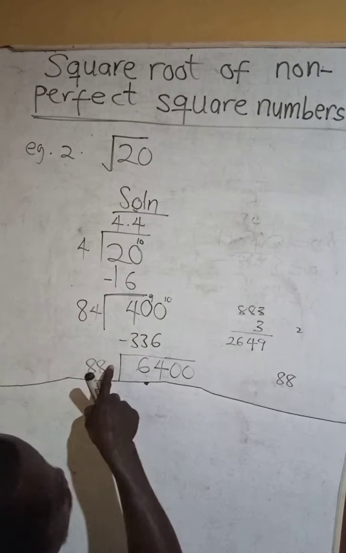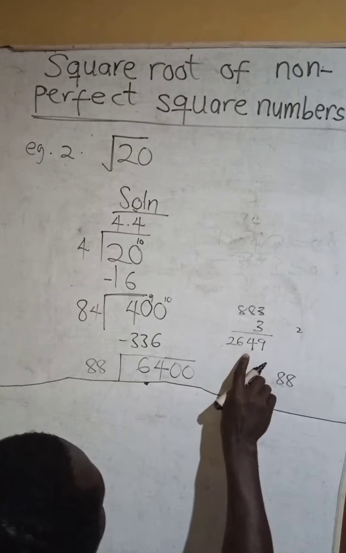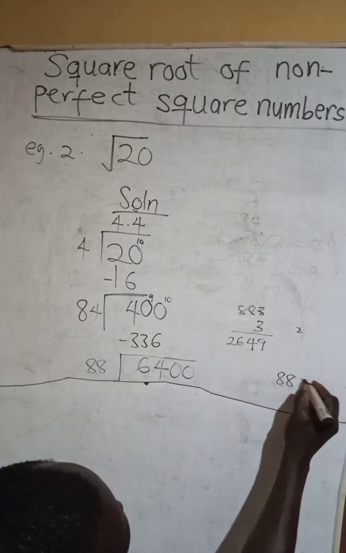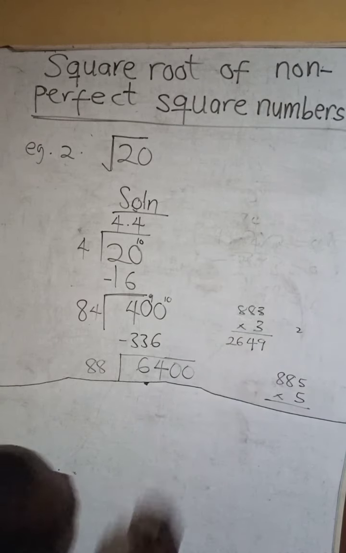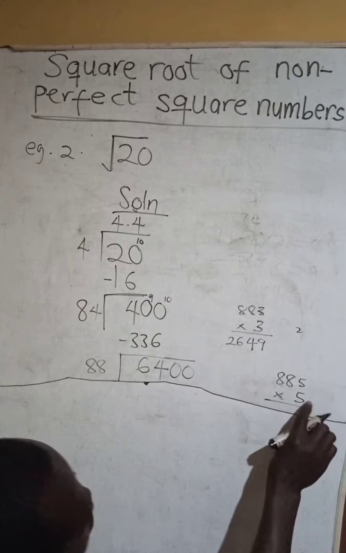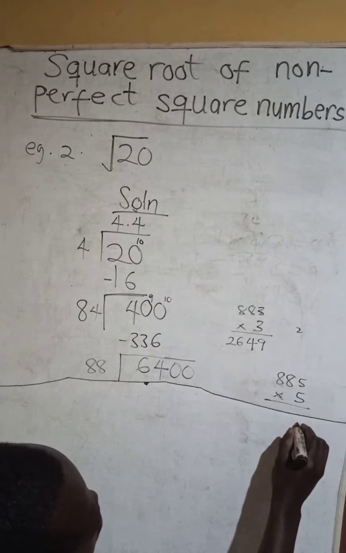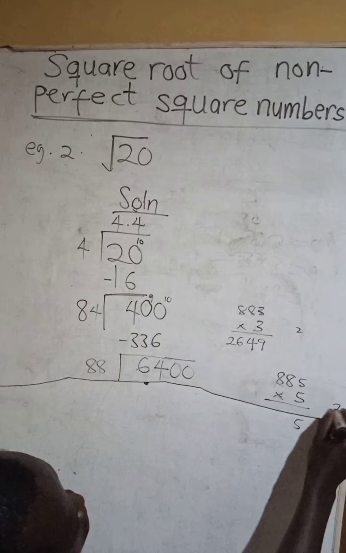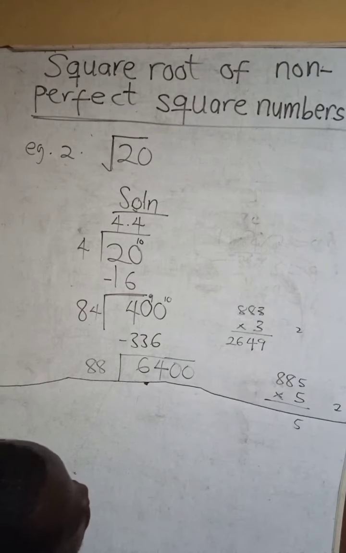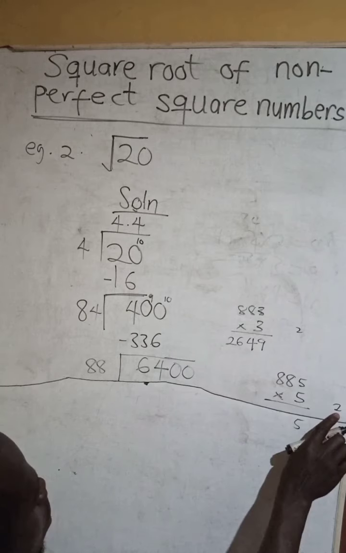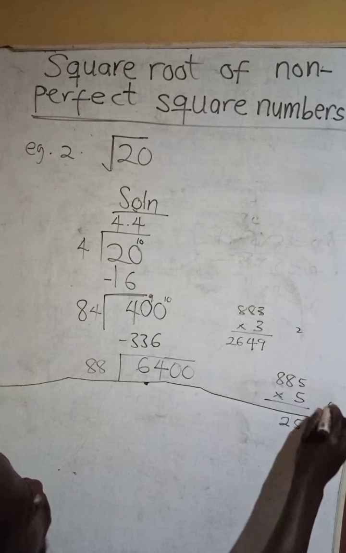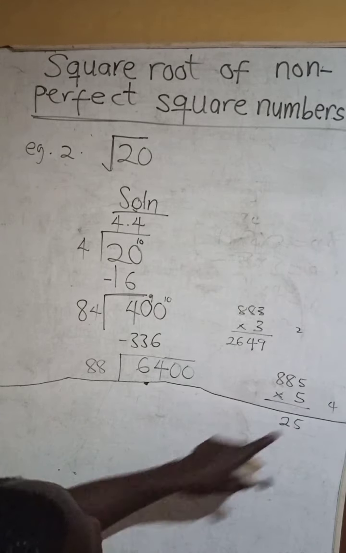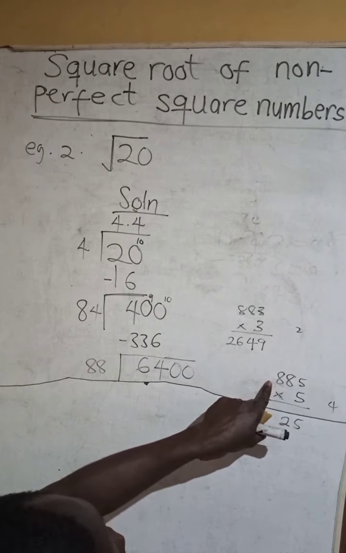So let's move to 88. Let's predict the number to be maybe, let's say 5. So we multiply 5 by 5 will give us 25. 5, remainder 2. 5 by 8 is 40, right? 40 plus 2, 42. 2, remainder of 4. 5 by 8 is 40.